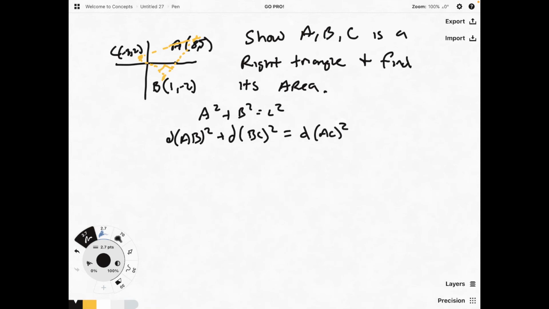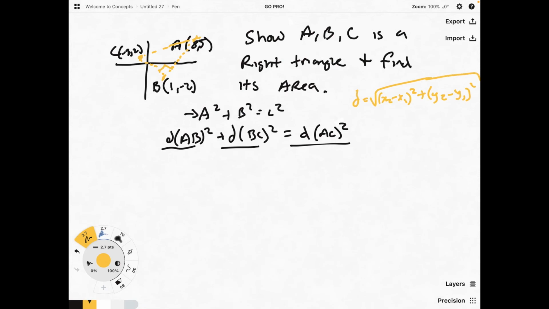What we need to do then is find the distance between all of these points and see if the computation, when plugging them into the Pythagorean theorem of a squared plus b squared equals c squared, holds true. Using the distance formula, recall that the distance is equal to the square root of x2 minus x1 squared plus y2 minus y1 squared.